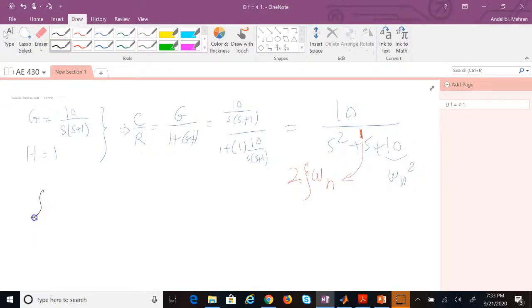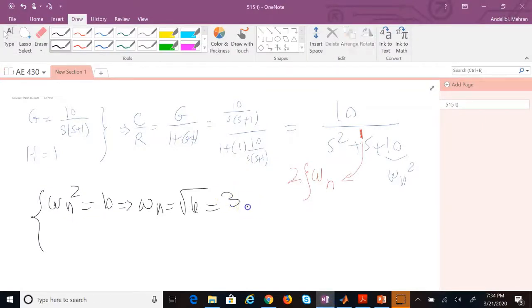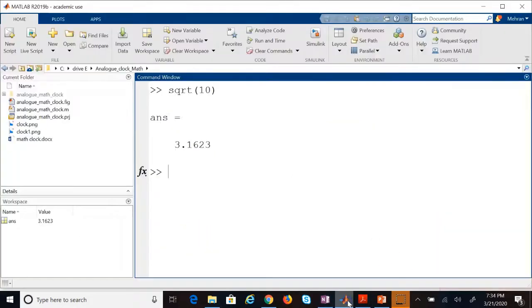So if you write them, omega n squared is 10, therefore omega n is square root 10, which is 3.16. And since 2 zeta omega n is equal to 1, therefore your zeta is 1 over 2 omega n, correct?